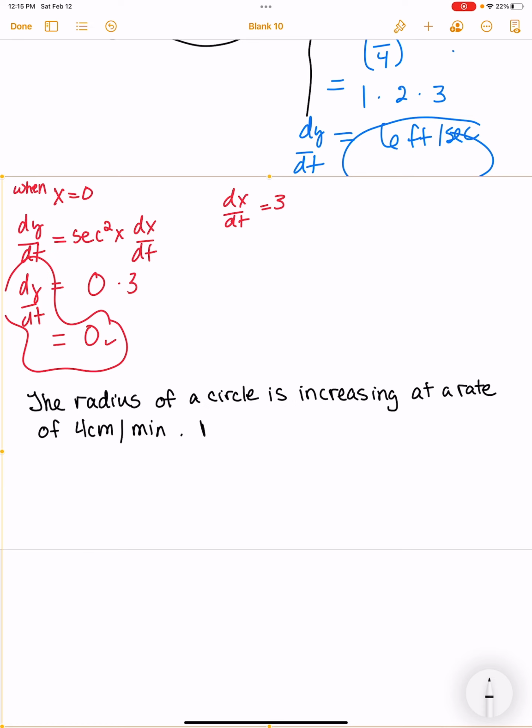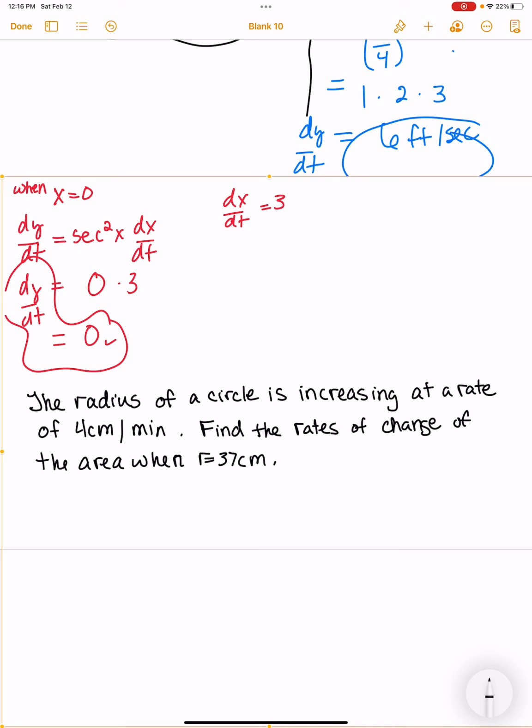Okay, and we're going to be finding the rates of change, aka derivatives, of the area when r equals 37 centimeters.